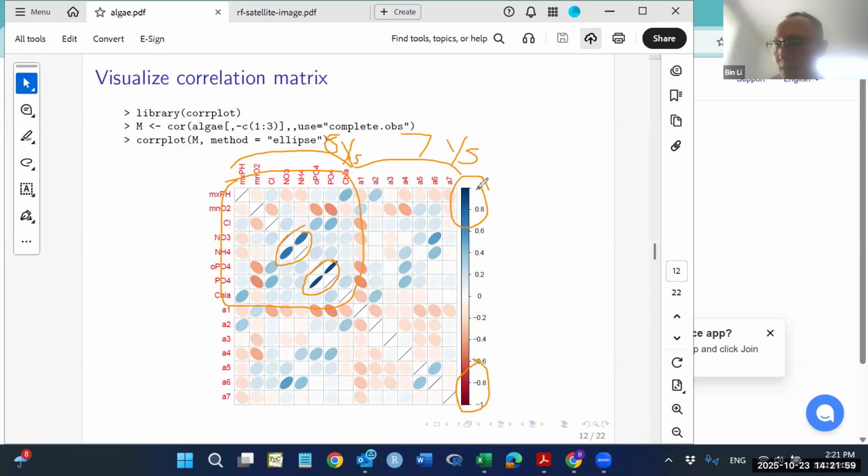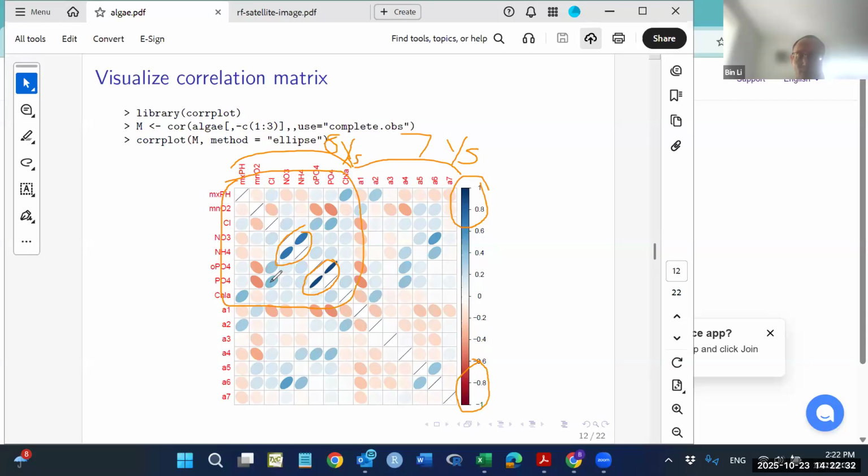And the darkness is proportional to the absolute size. So when we see dark blue, that means we have a large positive correlation. You can see PO4 is highly correlated with oPO4, right? And NH4 is highly positively correlated with NO3, right?